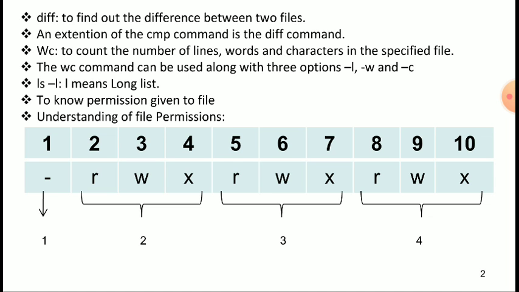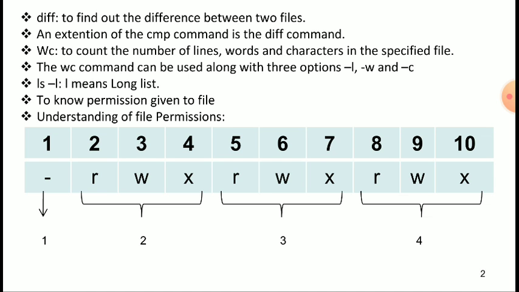Next command is ls -l. L means long list, to display files in a long list. To understand file permissions, there are 10 positions, 1 to 10. First is a hyphen, that means the type of object.